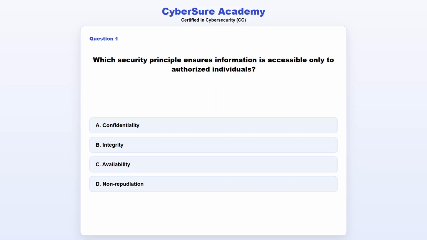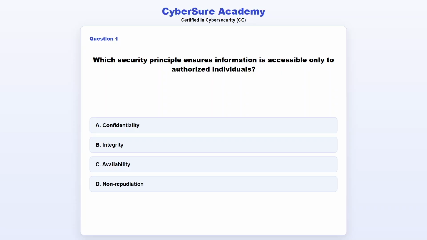Question 1. Which security principle ensures information is accessible only to authorized individuals? A. Confidentiality. B. Integrity. C. Availability. D. Non-repudiation.